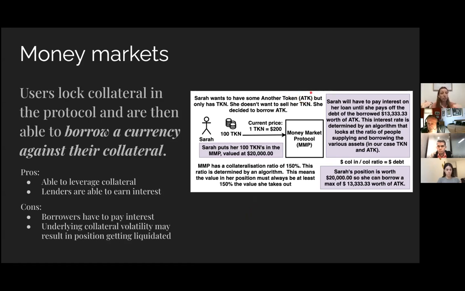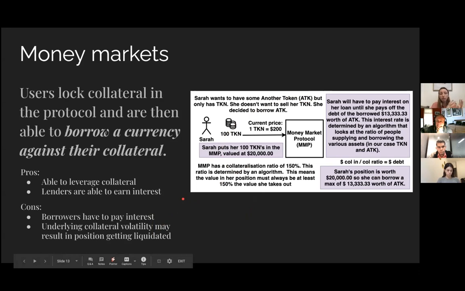And this interest, again, would be determined by, are there more borrowers than lenders? Then the lenders will get more interest. If there's fewer borrowers and more lenders, then the lenders will get a very low interest rate and the borrowers will get a very low interest rate as well. So it all depends on how busy the markets are and how much collateral there is in the market. So the advantage of this is you're able to leverage collateral.